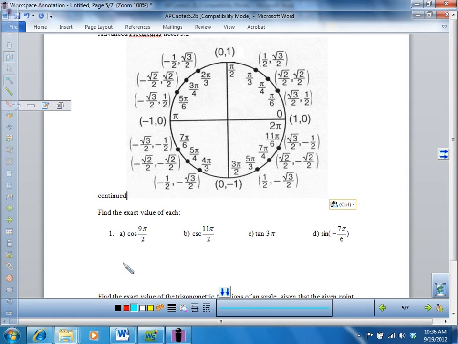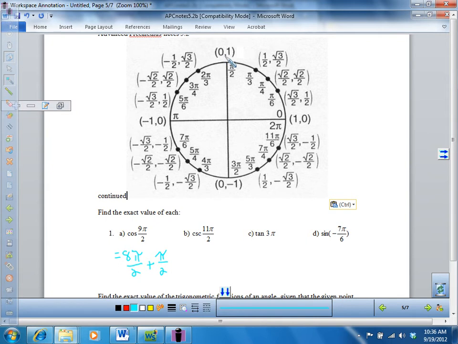So 9 pi over 2, the way I think about this is that this is the same as 8 pi over 2 plus pi over 2. That's 2 pi over 2, 4 pi over 2, 6 pi over 2, 8 pi over 2, plus one more pi over 2, which puts you right there.